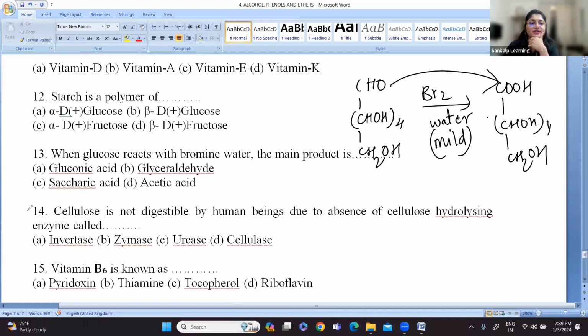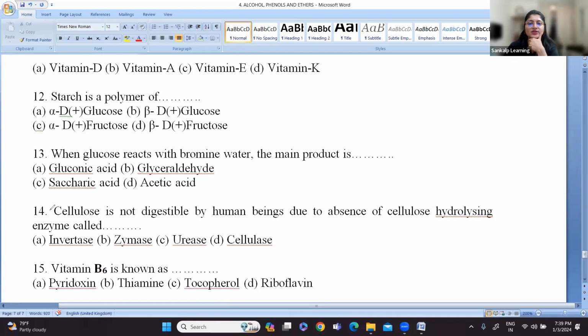Next one: cellulose is not digestible by human beings due to the absence of a cellulose hydrolyzing enzyme called? A. Invertase, B. Xylase, C. Urease, and D. Cellulase.